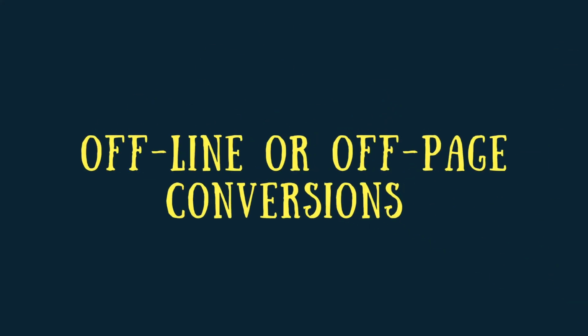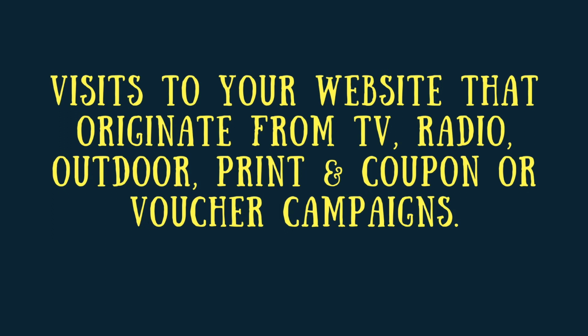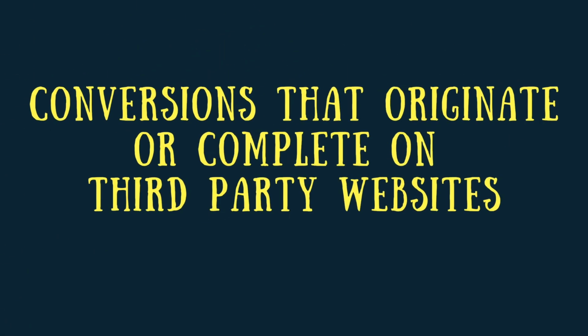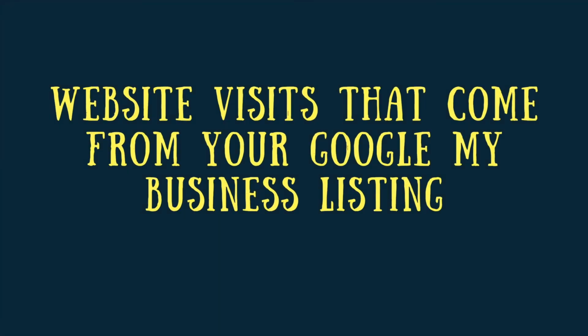Well, we can track a bunch, including phone calls, where the user gets your phone number from your website, visits to your website that originate from TV, radio, outdoor, print, and coupon or voucher campaigns, conversions that originate or complete on third-party websites, and website visits that come from Google My Business. And we'll go into details on how to track those goals, conversions, and customer journeys in a later video.